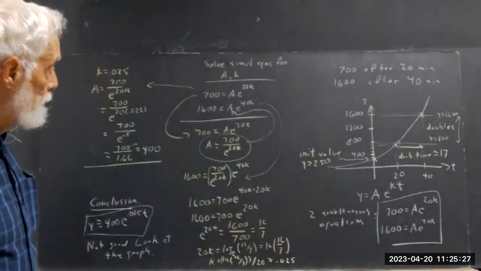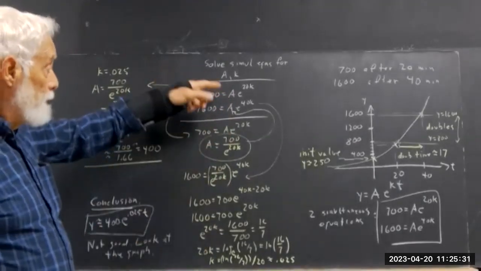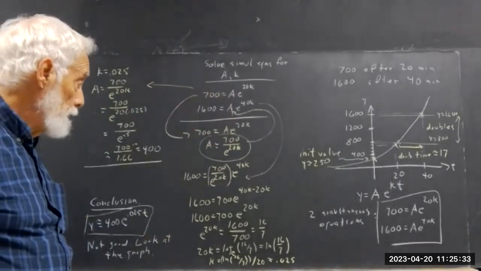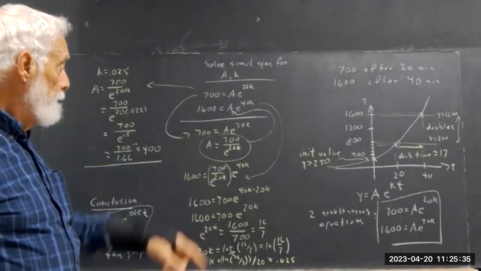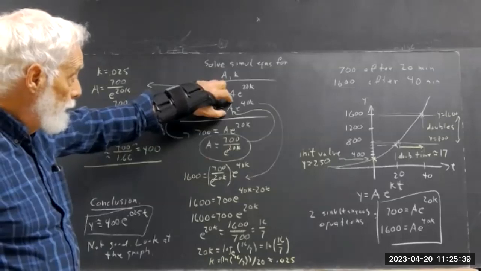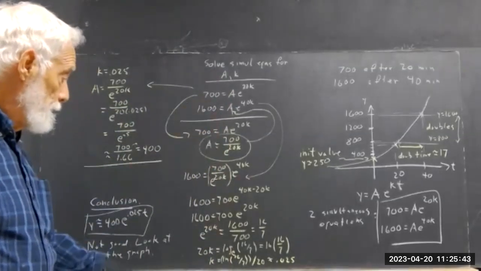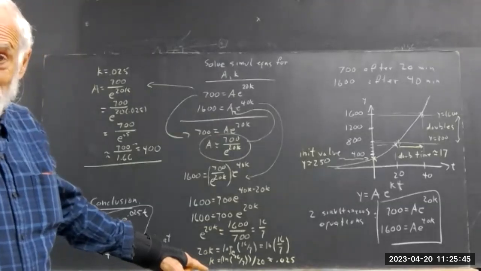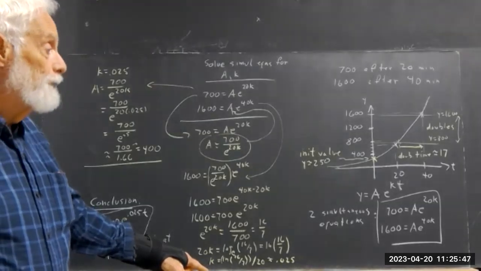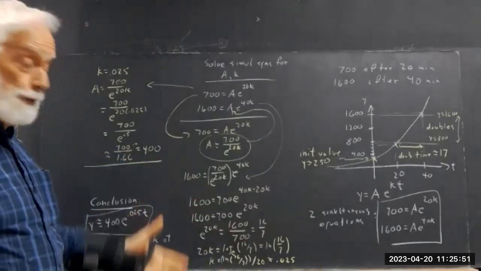Okay, you get the two simultaneous equations, you eliminate one of the variables. In this case, it's pretty much always going to be a that you eliminate. So you eliminate a by solving one of the equations for a and plugging that into the second equation. Then you do the arithmetic and you figure out what k is. Since k is in the exponent here, you know you're going to have to use logs at some point.